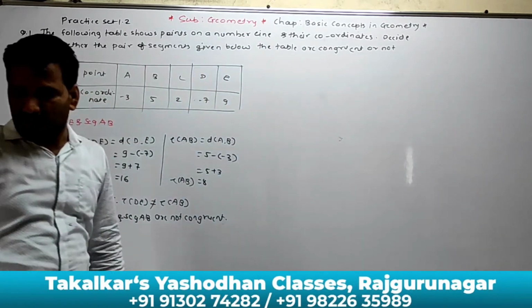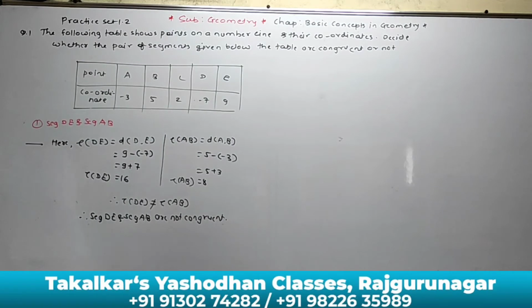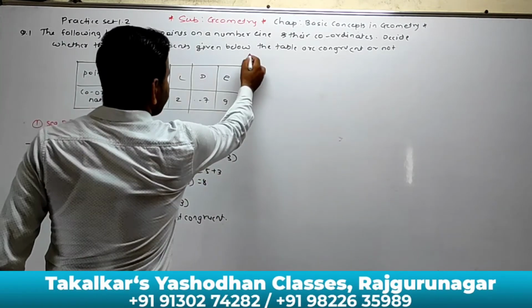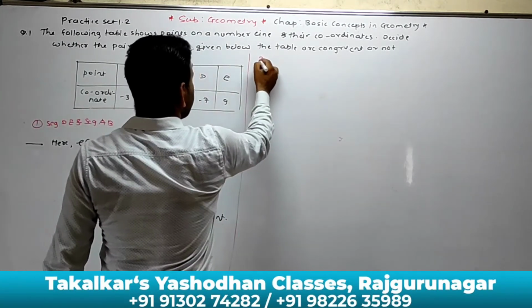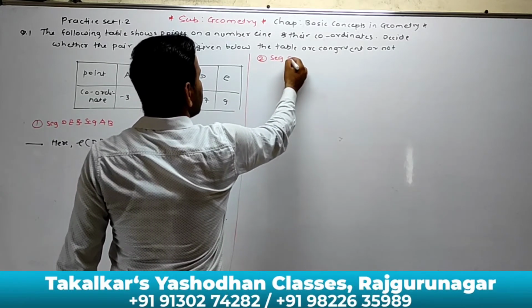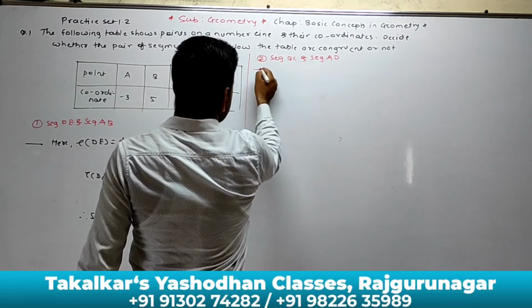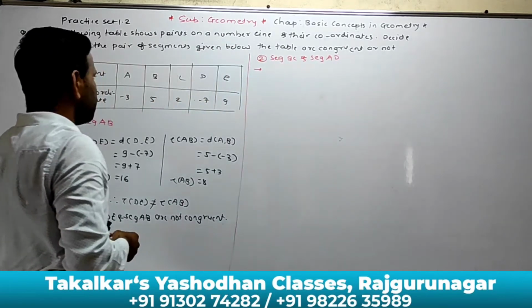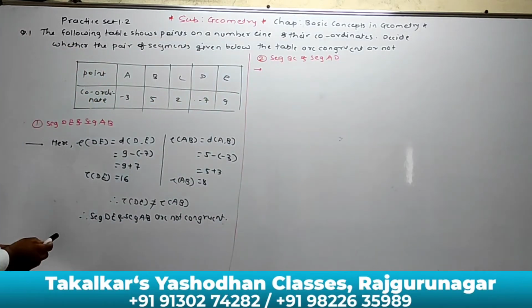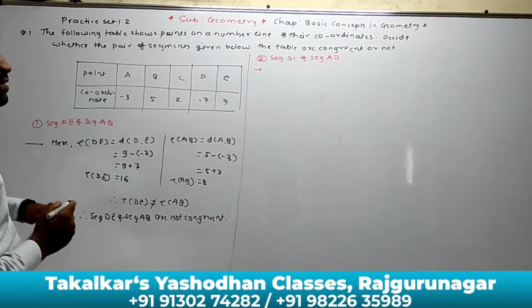Okay. Now second pair. Segment BC and segment AD. Let's find the length of BC and length of AD.